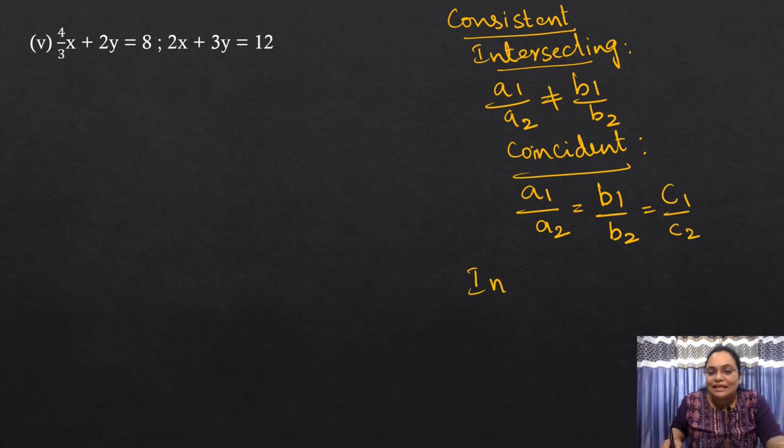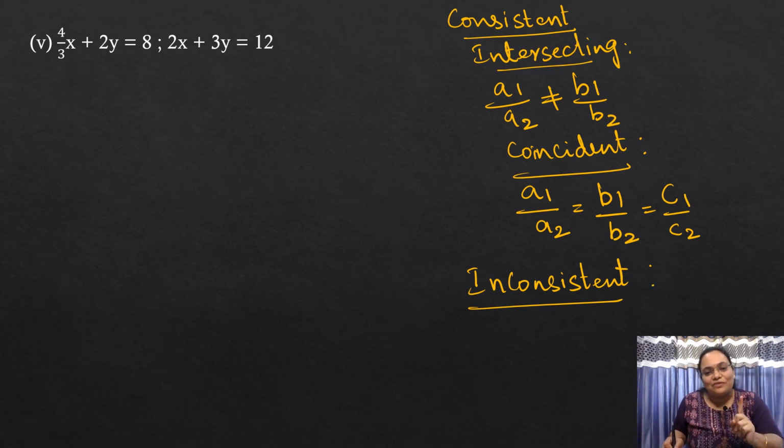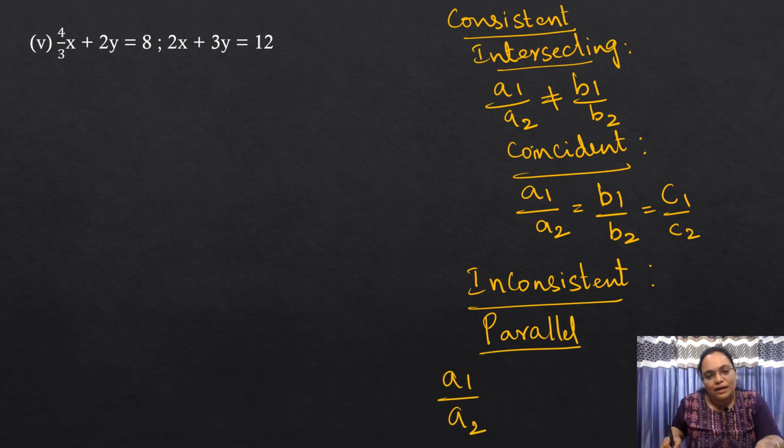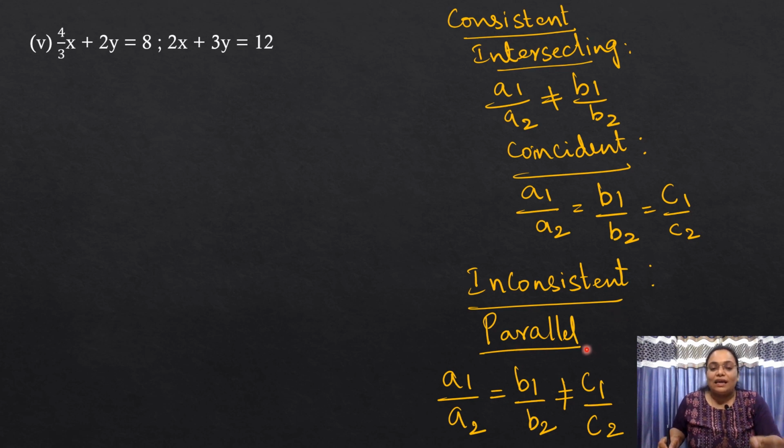And if it is inconsistent, we only have one condition, it is parallel. And the condition for parallel lines is a1 by a2 is equals to b1 by b2 is not equals to c1 by c2.